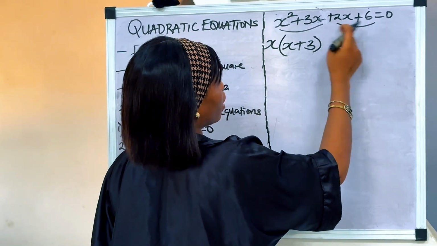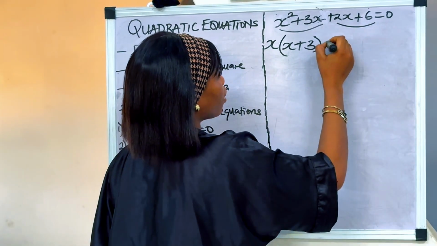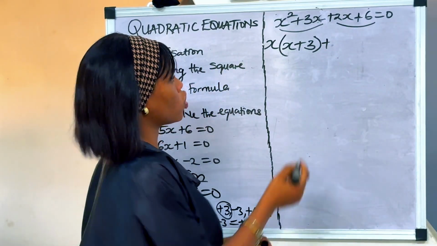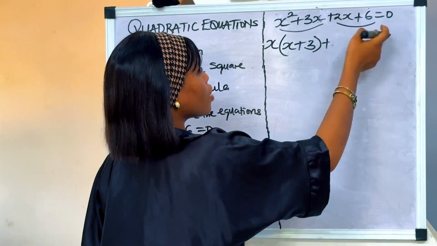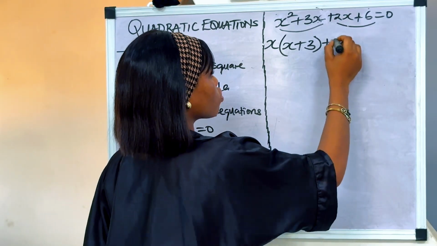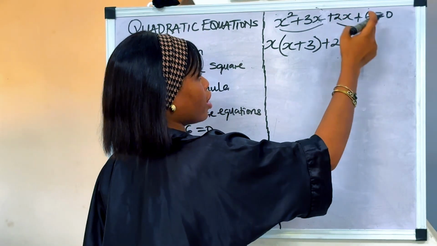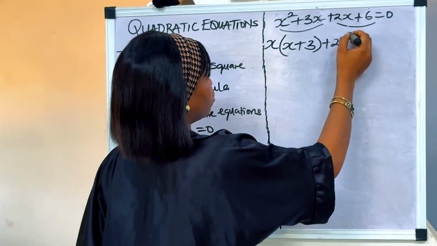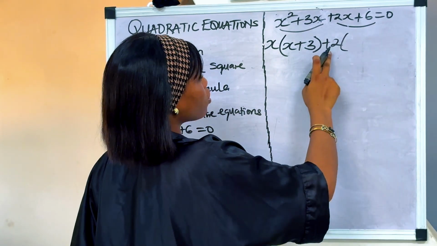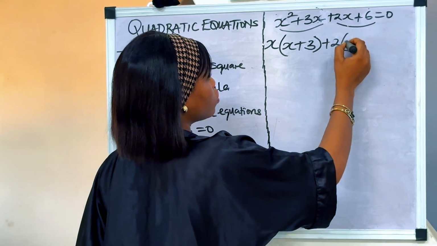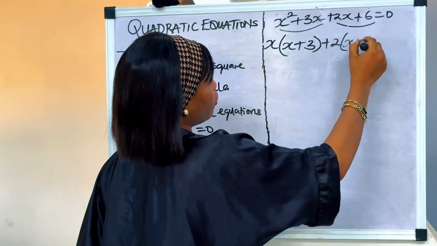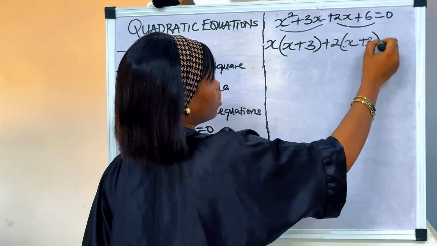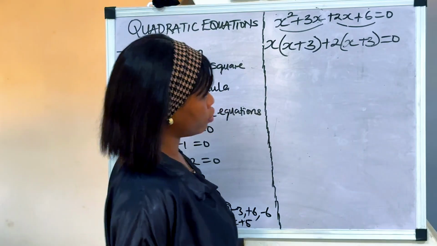Now, what is common here? We factor out the positive sign, and then we factor out 2, because 2 can go here and 2 can go here as well. When we factor out plus 2, we are left with x, and from here we are left with plus 3, equals 0.